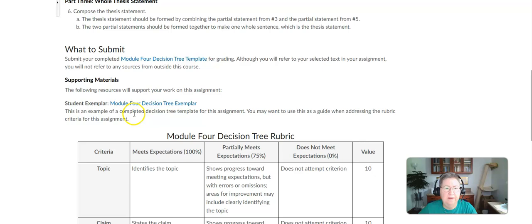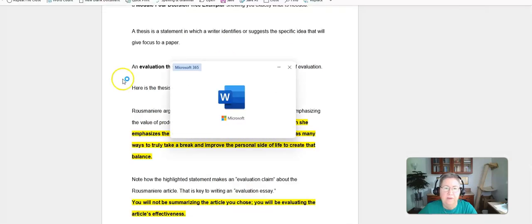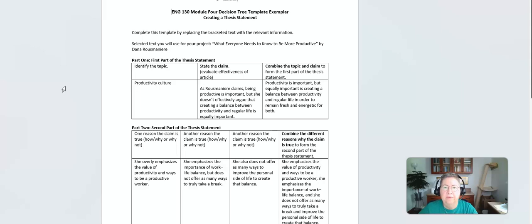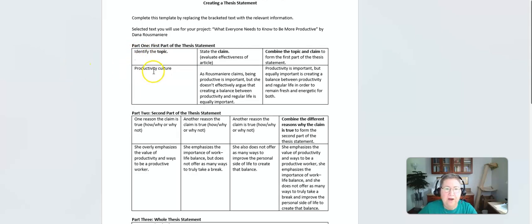We also have an example, an exemplar. Click on that, and it's downloaded, and it will open up. And here you have that same table with the information inserted for our sample article, what everyone needs to know to be more productive. So this shows you not only where things go, but also the text and how it relates to the chosen article for the example.